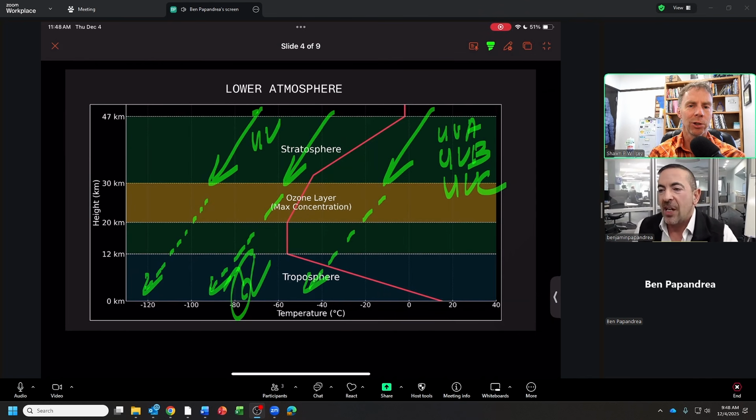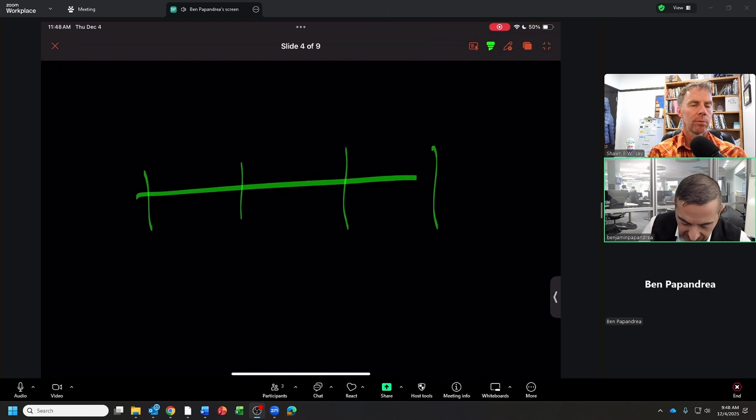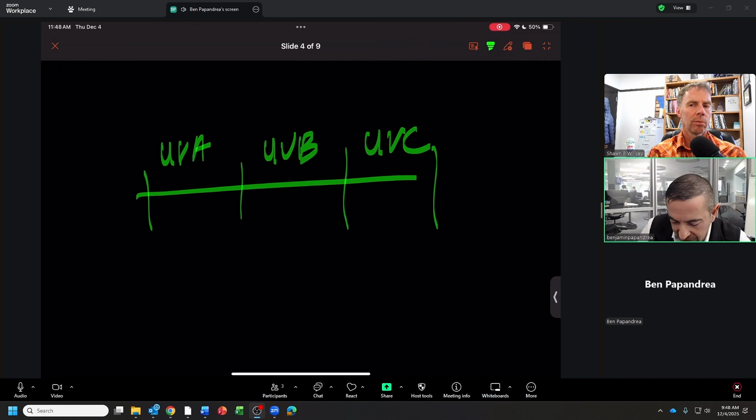You always hear, oh, UVA and UVB protection. But if we had a scale like this, UVA, UVB, and UVC, the ozone layer removes like all of that.